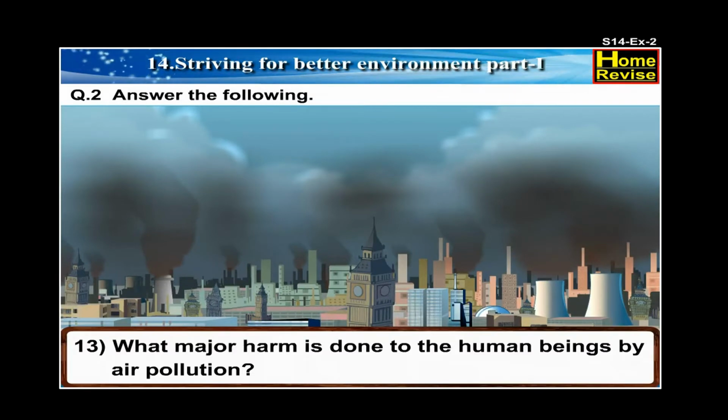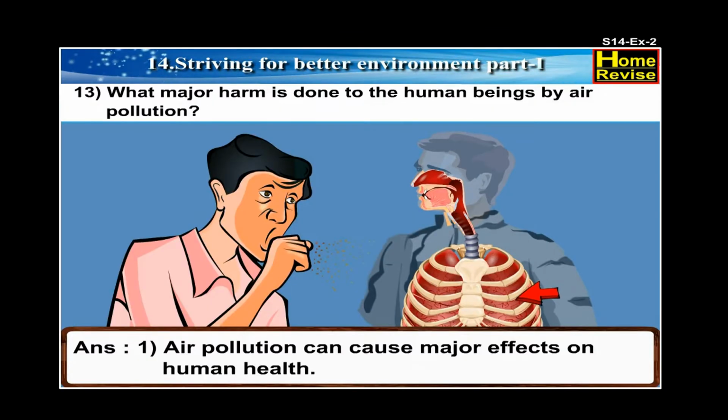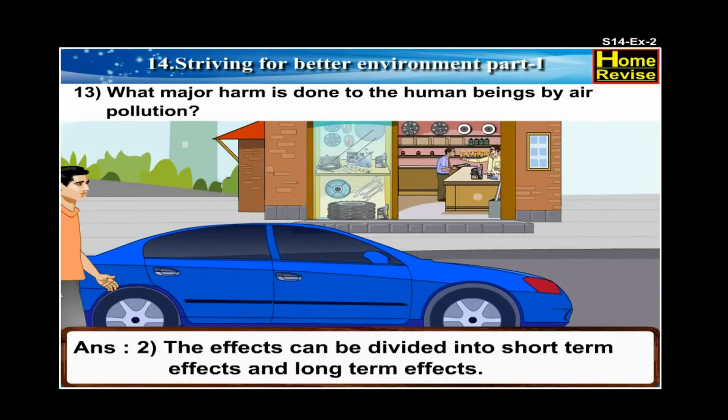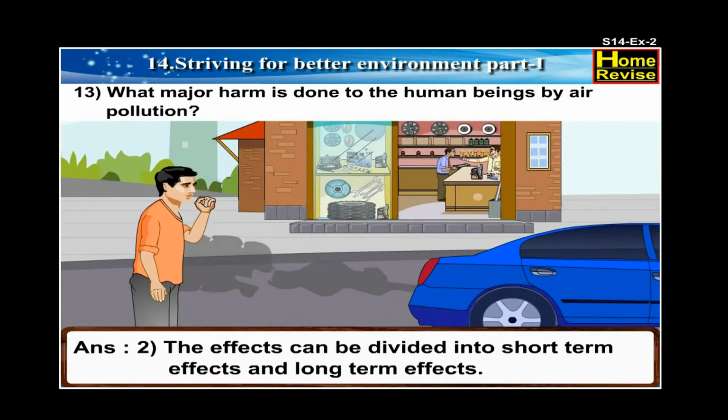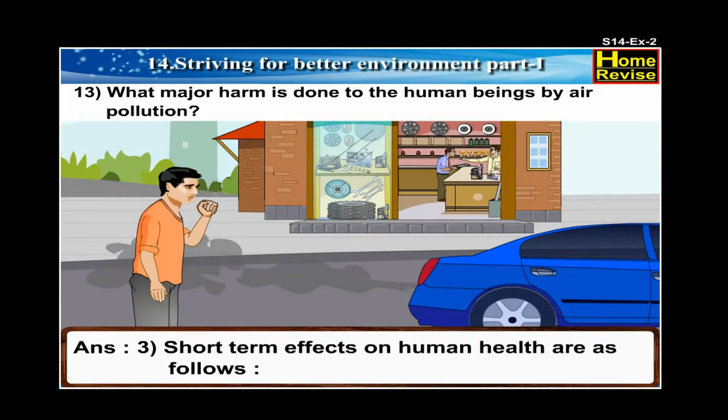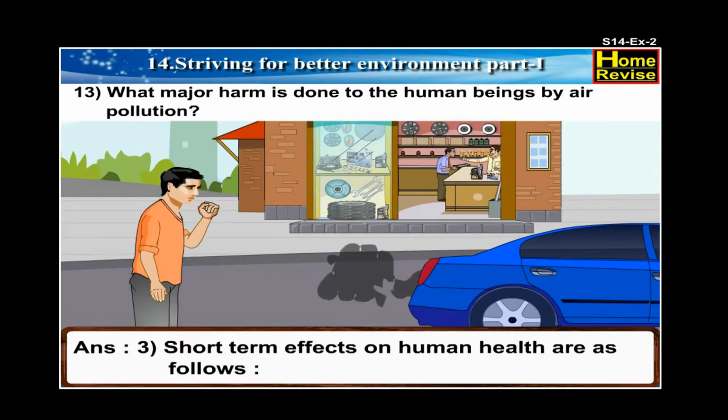Thirteen. What major harm is done to the human beings by air pollution? The answer is 1. Air pollution can cause major effects on human health. 2. The effects can be divided into short-term effects and long-term effects. 3. Short-term effects on human health are as follows.